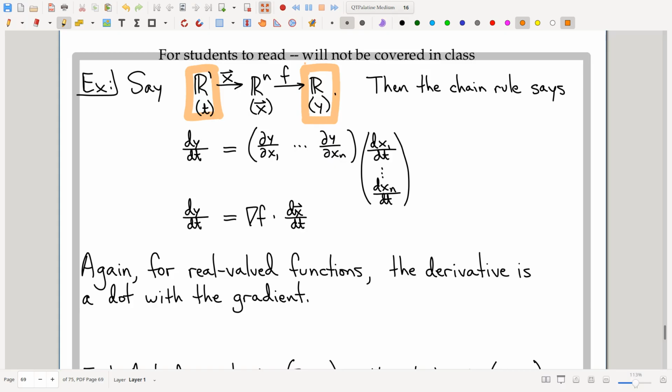One output means this derivative matrix has one row, and that means I can realize that matrix product as a dot product with the gradient. Again, this is all the partial derivatives of y with respect to all of the x variables. That's literally the definition of the gradient. And this matrix vector product is morally the same as a vector dot product. Again, we saw that back in section 2.3.